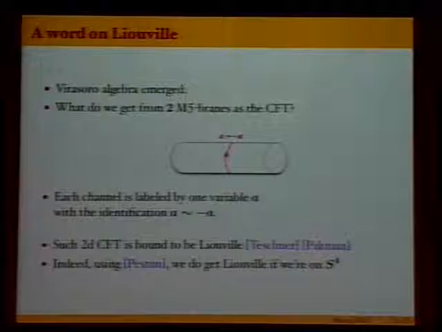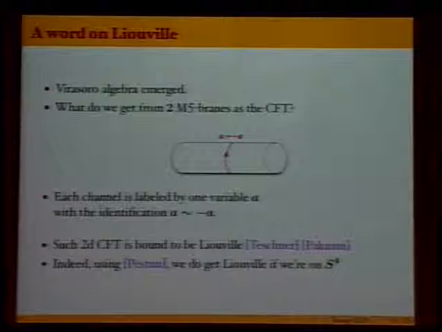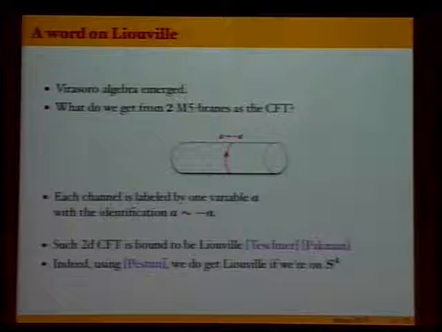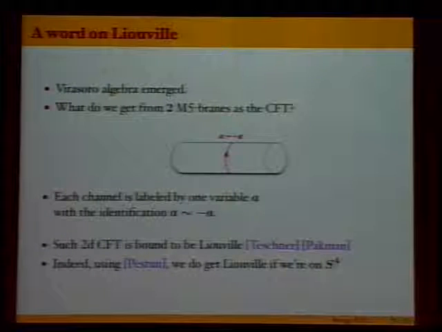If you start from two M5-branes, there's a rough argument which tells you what you should get. Because for each tube, you need to insert one primary, insert the complete set, which is parameterized by the primary state.